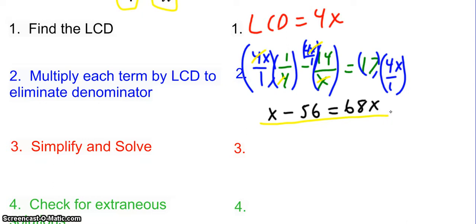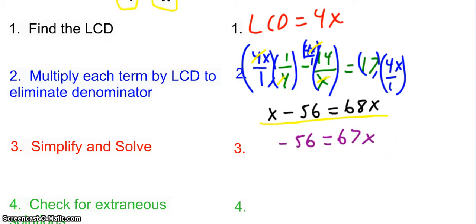So here we hopefully know how to solve linear equations. That's why we're not going to focus on that. But we will go through this process. So what do we do? Well, we get all the x's on one side, so I'm going to subtract x from each side. So we're going to get negative 56 equals 68x minus 1x, which is 67x.